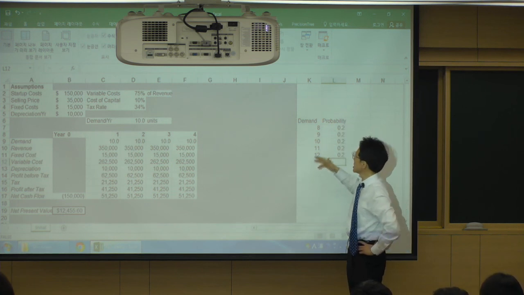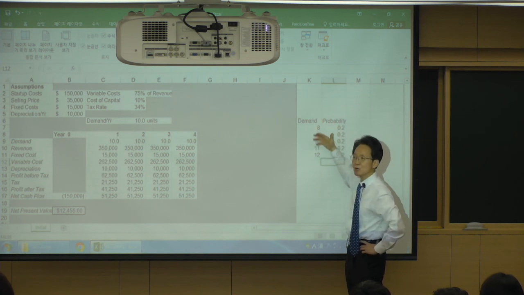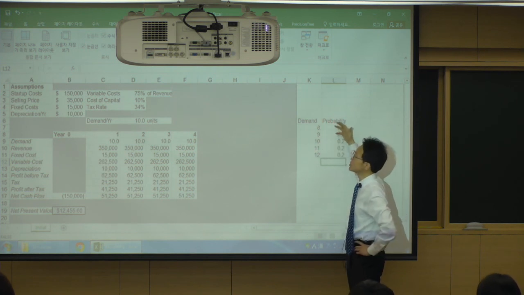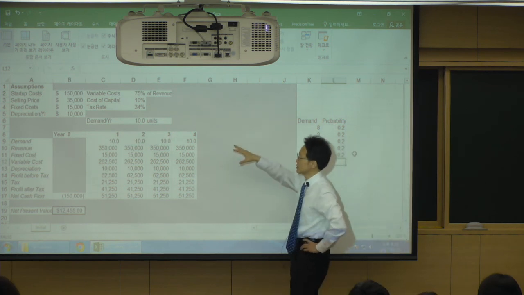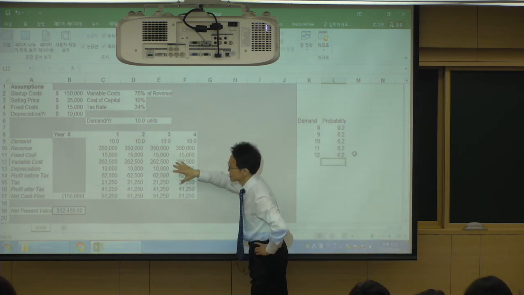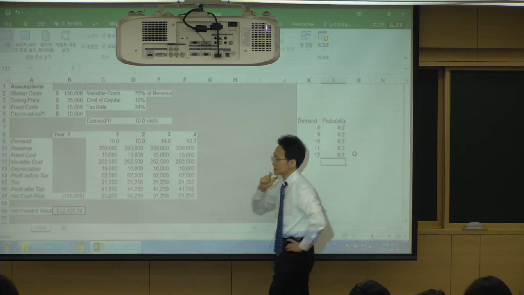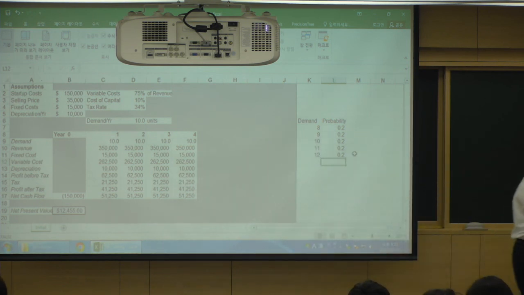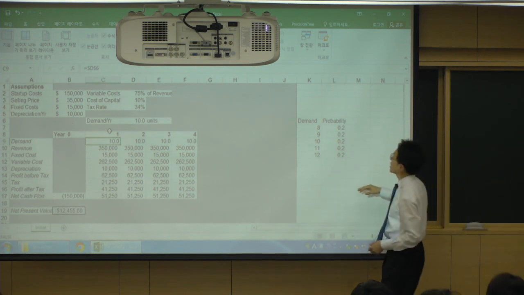And then the question is, how can I incorporate this new feature into this net present value analysis? First of all, I needed to change this number because right now this number is just 10, which is fixed, but obviously it's not 10. So I want to change it to something uncertain, something that changes all the time.